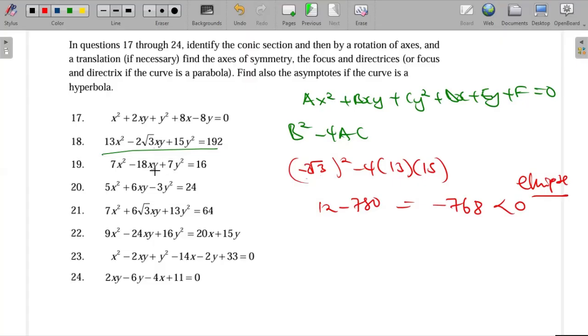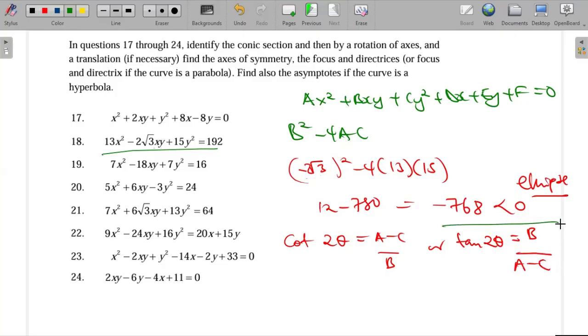The next step is to identify what angle I am rotating the axis about. To find the angle you use cot 2 theta equals A minus C over B, or the alternative that I like using, which is tan 2 theta equals B over A minus C. Whichever you use, it's the same thing.